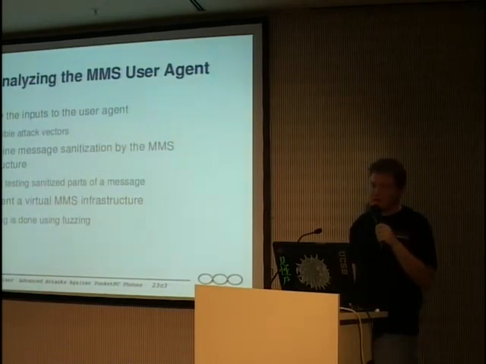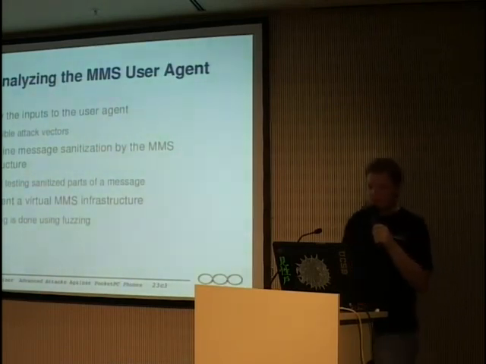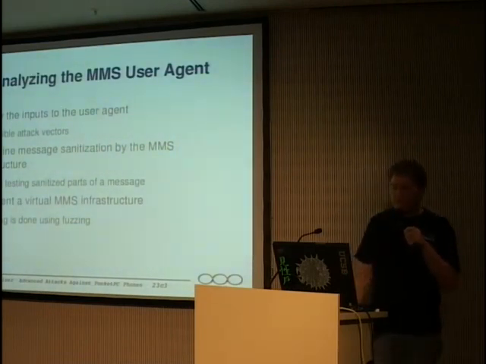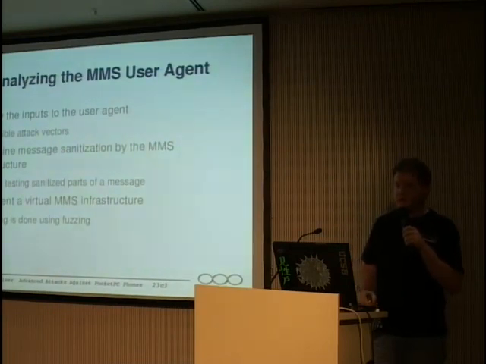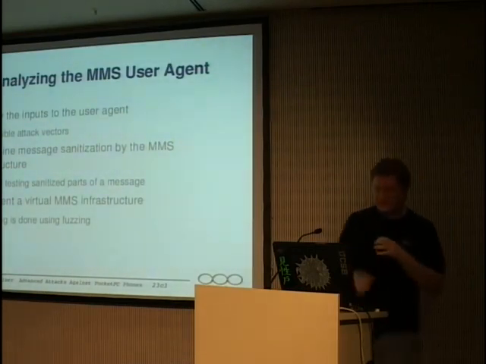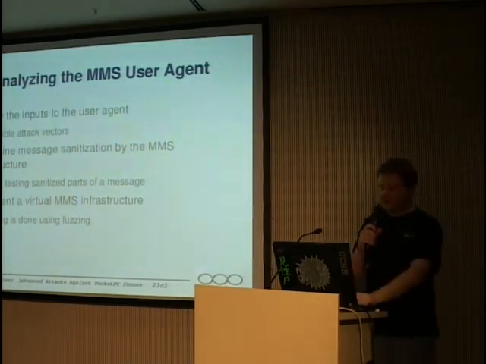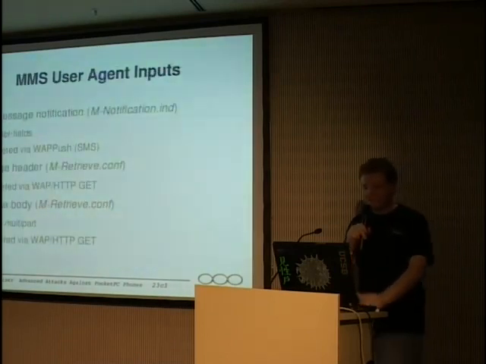And since we pay money for each MMS, we started implementing a small virtual MMS infrastructure, so we can do our testing offline without bothering some mobile phone company's network. And also we save some money, so that's also very fun. For the actual testing, I used fuzzing because no source code is available and it gives very fast results.